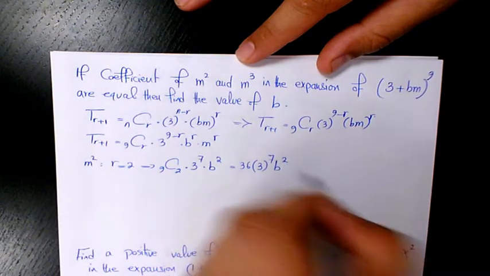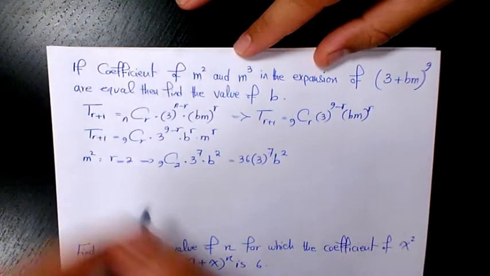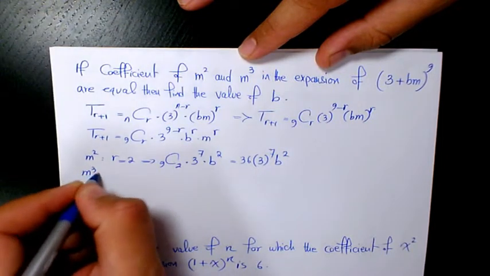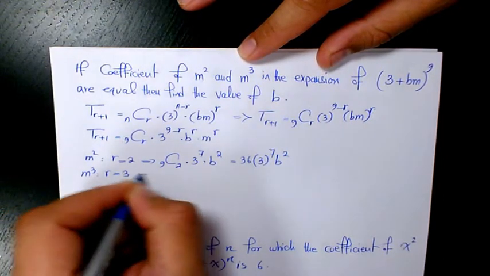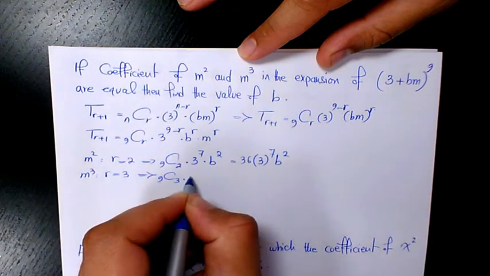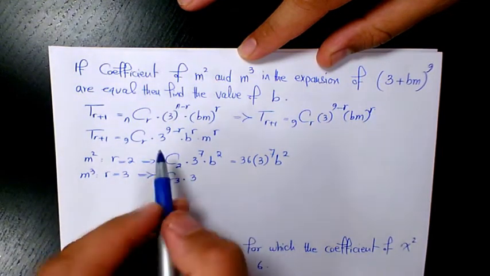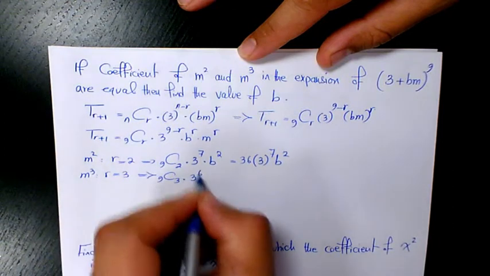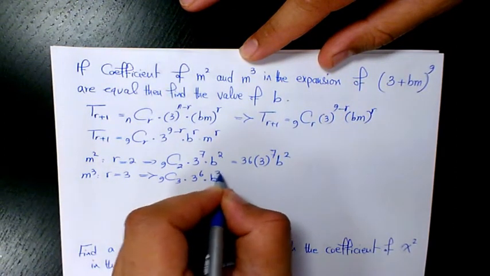On the other hand, when we have m cubed, r is going to be 3. So it's going to be 9C3, 3 to the power of 9 minus 3, which is 6, b to the power of 3.